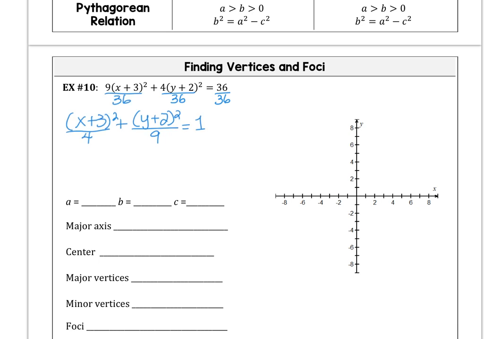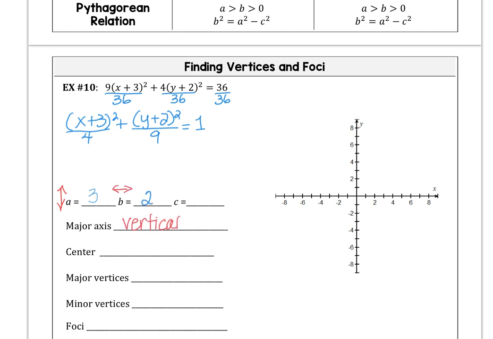So our a value is under the y because it's the bigger value. Under the y, we have a vertical major axis. The a value, a squared is 9, so a is 3. Our b value is going to be the square root of 4.